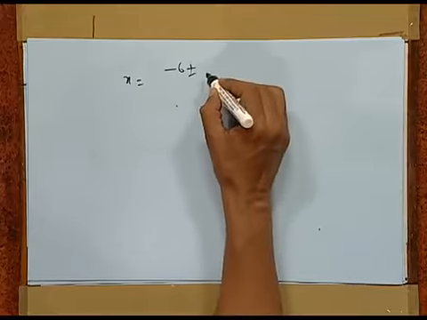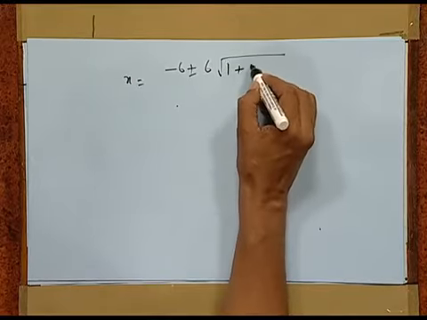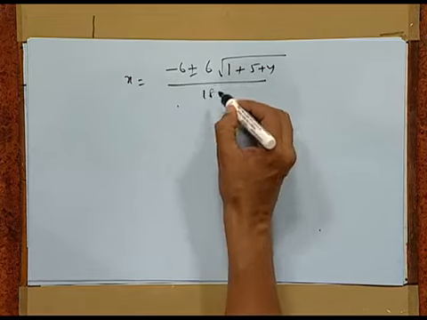Now x cannot be negative. That's why between the two signs plus or minus we insist on the plus sign, because if you take the minus sign the whole thing becomes negative. So we get x equal to minus 6 plus 6 times root of (1 plus 5 plus y), upon 18.